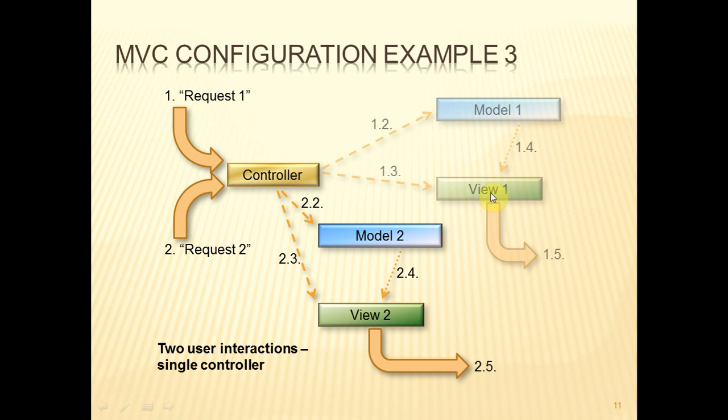So there were two views that could have come from here, one or the other. Now, as you go on into this module, you'll be developing applications that have got multiple requests going into a single controller. The controller for each request will then invoke one or more model components, one or more view components. And so you're going to have to plan that.